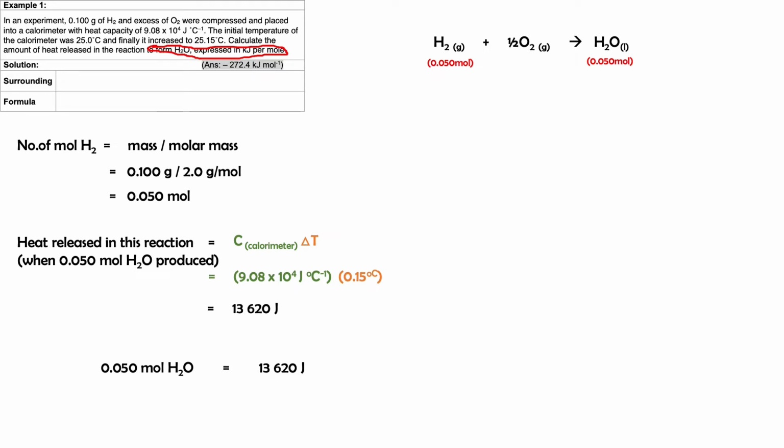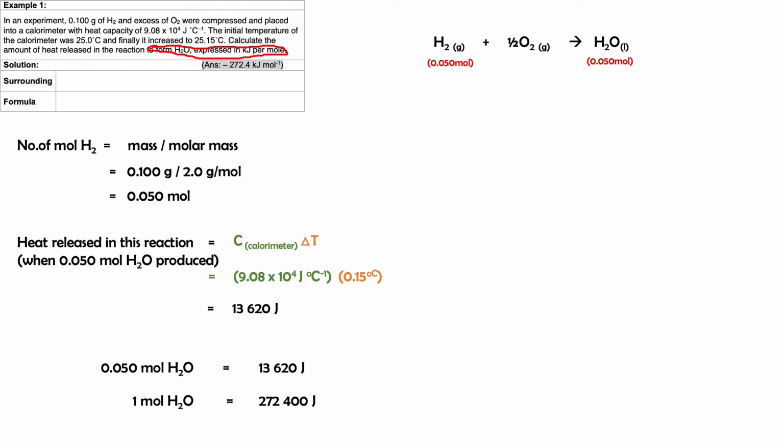So, by using stoichiometry, we know that for the production of 1 mole H2O, the heat release is equivalent to 272,400 joule. But we haven't finished yet because the question is asking you to answer in kilojoule per mole.